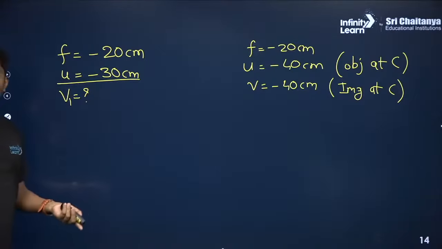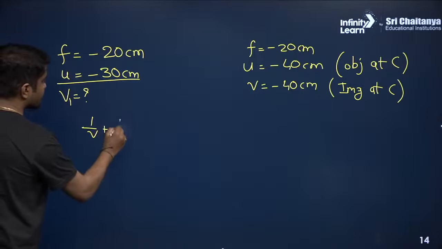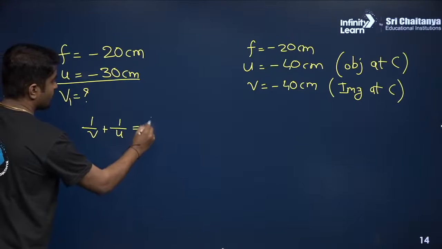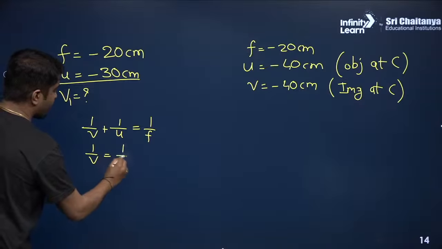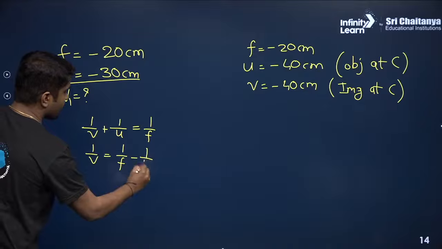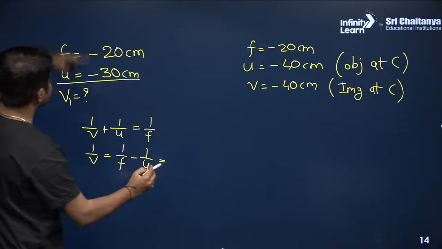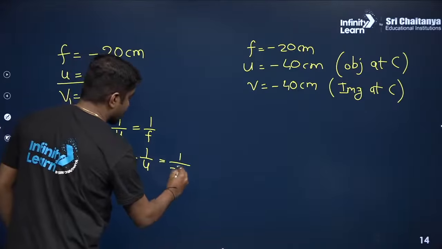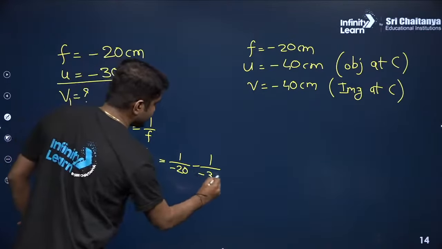So how will you calculate the V? We know the mirror formula or mirror equation, which is 1 by V plus 1 by U is equal to 1 by F. So 1 by V is 1 by F minus 1 by U. So substitute the values. What is F? F is minus 20. So 1 by minus 20 minus 1 by U, where U is minus 30.